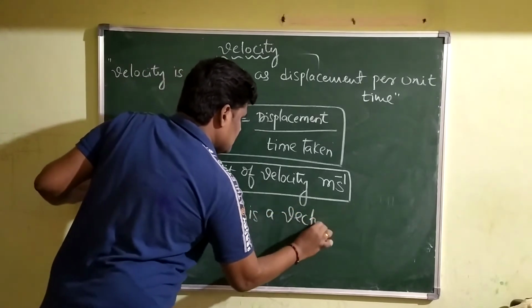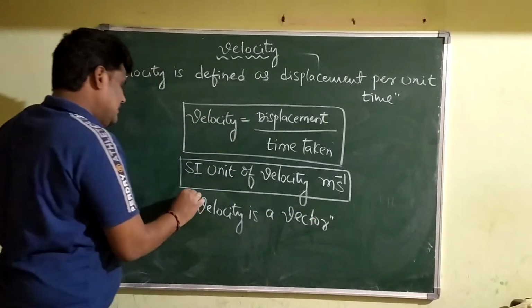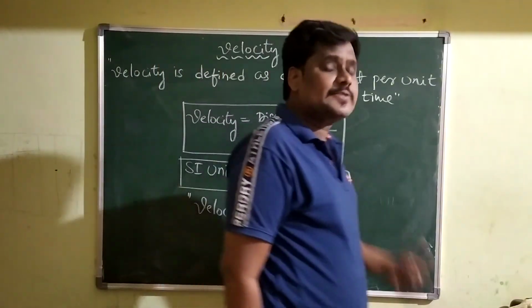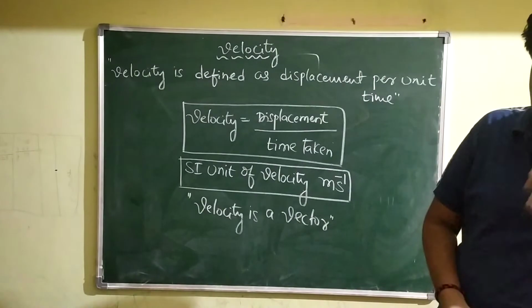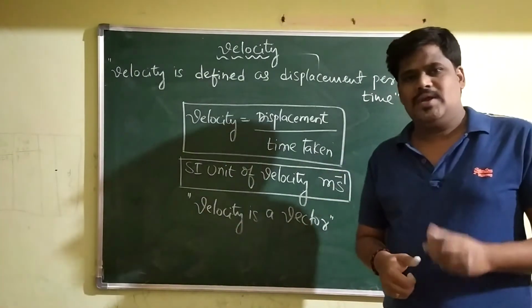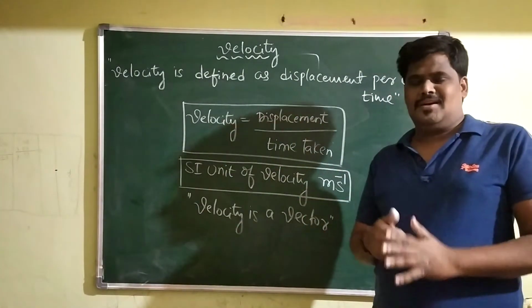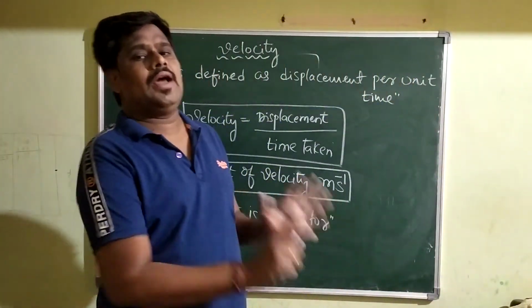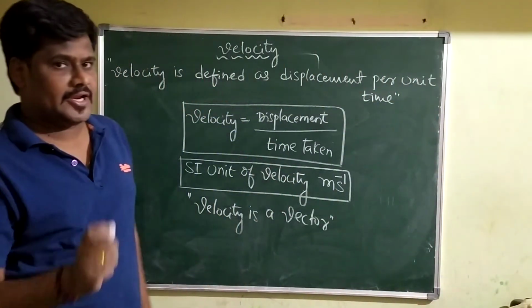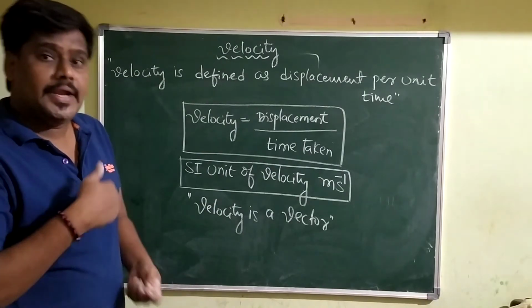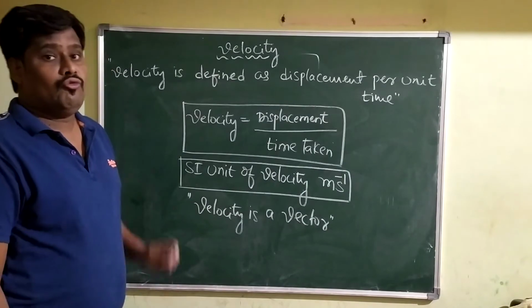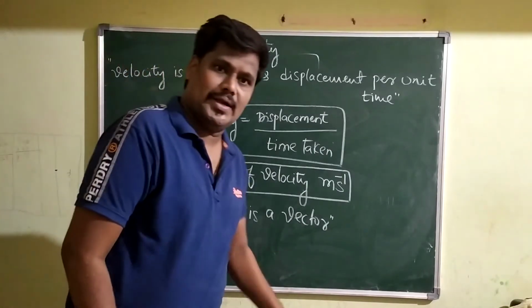Vector. Why is the velocity a vector, you tell me? Because while explaining velocity, we are taking the direction of motion of a body into account. That's why velocity is a vector physical quantity.